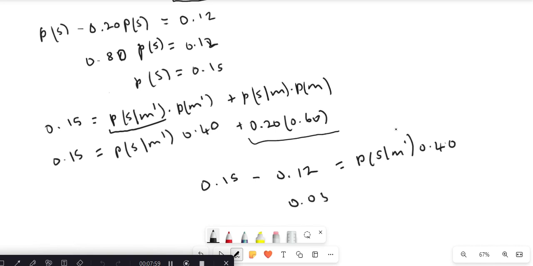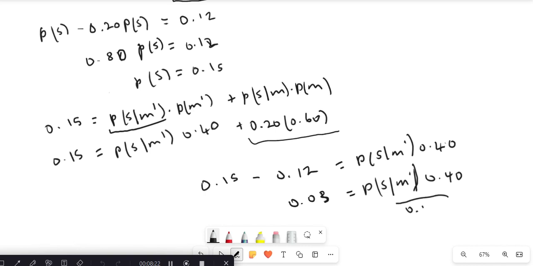So we have 0.03 equal to the probability of S given M prime multiplied by 0.40.